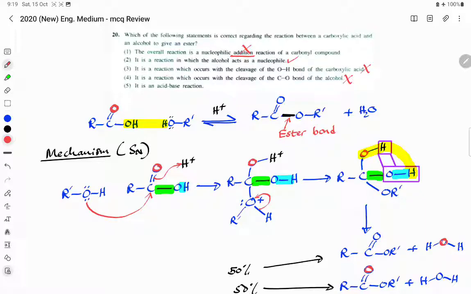Fifth, it is an acid-base reaction. It's not an acid-base reaction. Carboxylic acid is an acid, but it doesn't give the H+. Therefore, it's not an acid-base reaction. It looks like an acid-base reaction, but it is not. So the answer for the 20th question will be the second answer. Okay, let's move on to the next question.